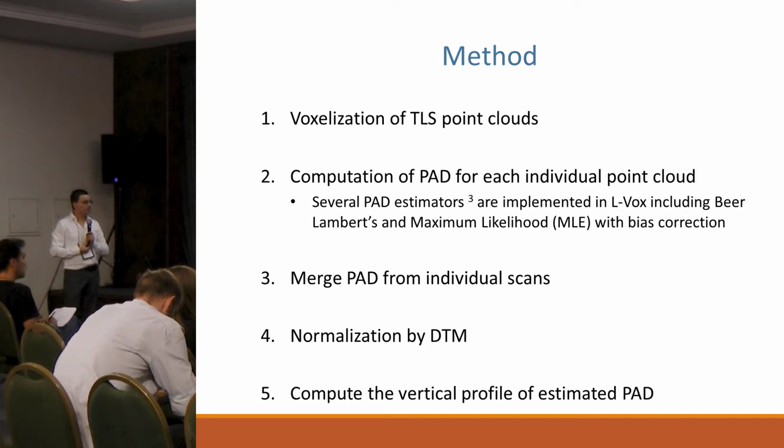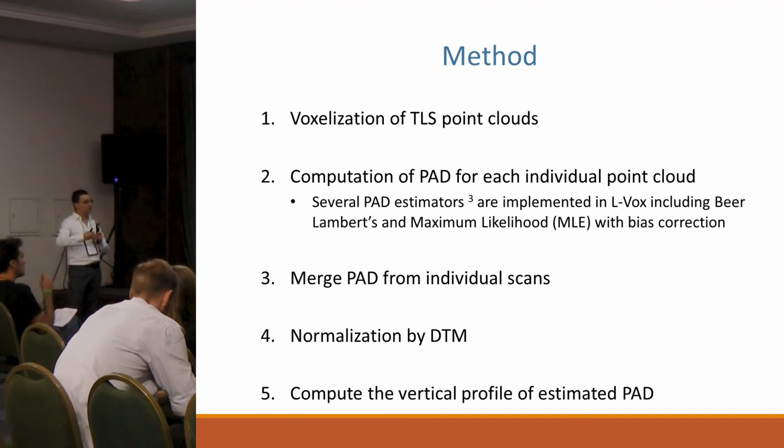The method: we start by voxelization of the TLS point clouds, and then the computation of PAD for each individual point cloud, for each view. We use several PAD estimators that are implemented, including the Beer-Lambert and the maximum likelihood estimator with bias correction.